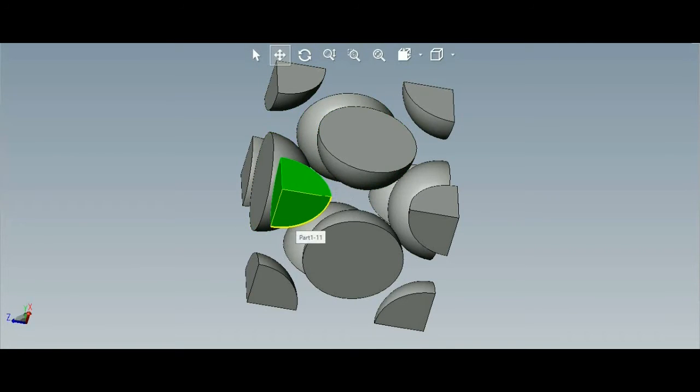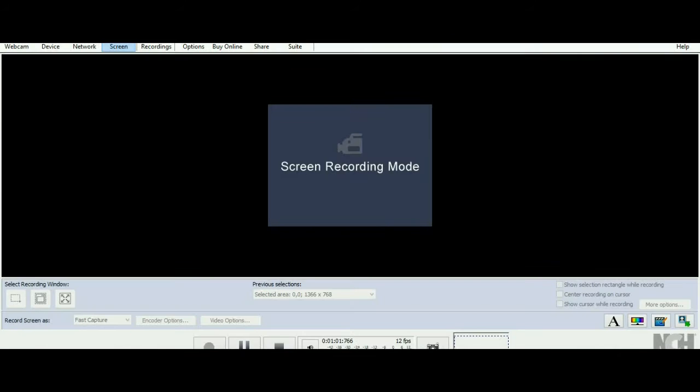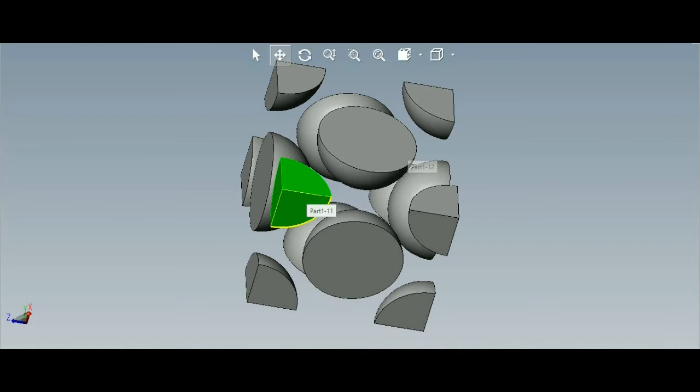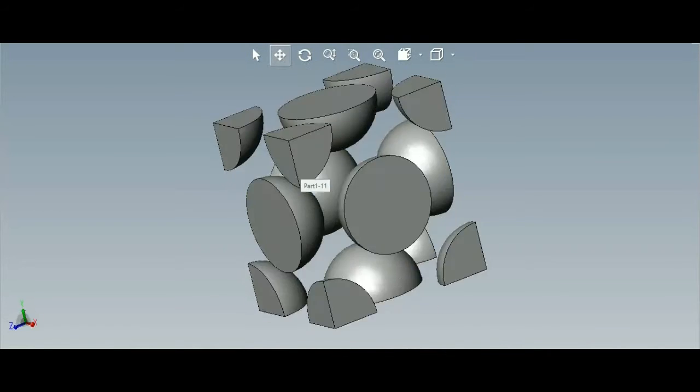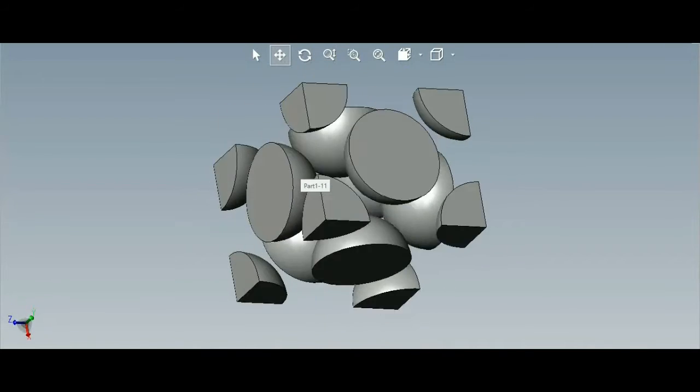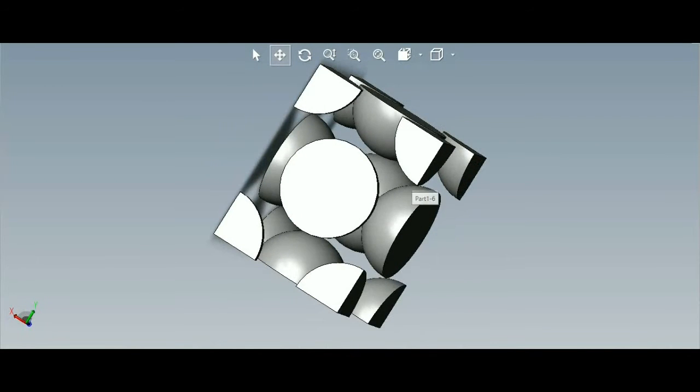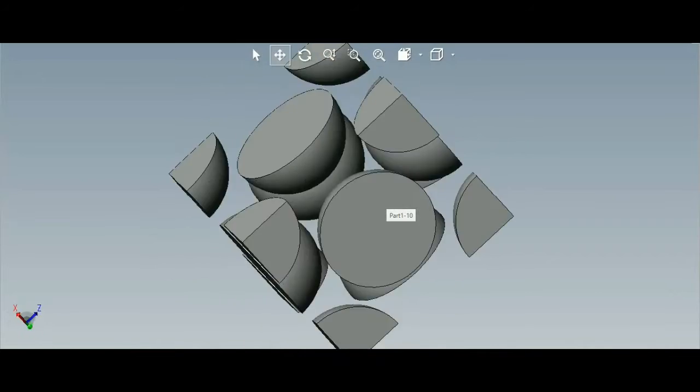So it's an octahedral void. Its packing fraction depends on the sides, A, B and C.